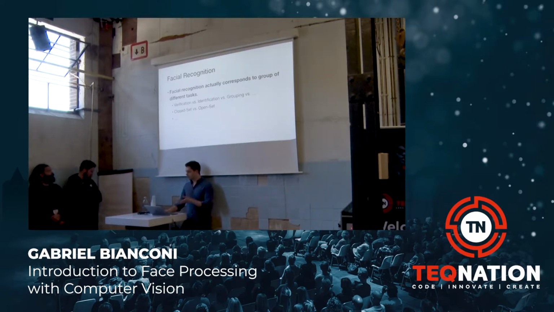When we start with closed set recognition, like I mentioned, you know during training all the people who might come up later in the future, so there are never new people coming up. If you have new people, you have to basically retrain your model. An example would be recognizing celebrities.